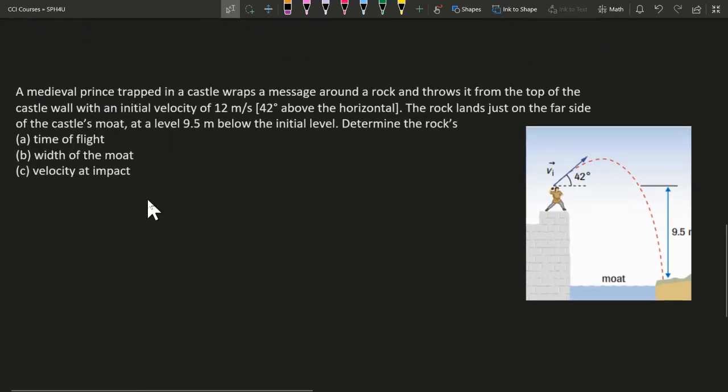Now, let's check out this one. A medieval prince, here he is trapped in a castle, wraps a message around a rock and throws it from the top of the castle wall with an initial velocity of 12 meters per second at 42 degrees above the horizon. The rock lands just on the far side of the castle's moat.